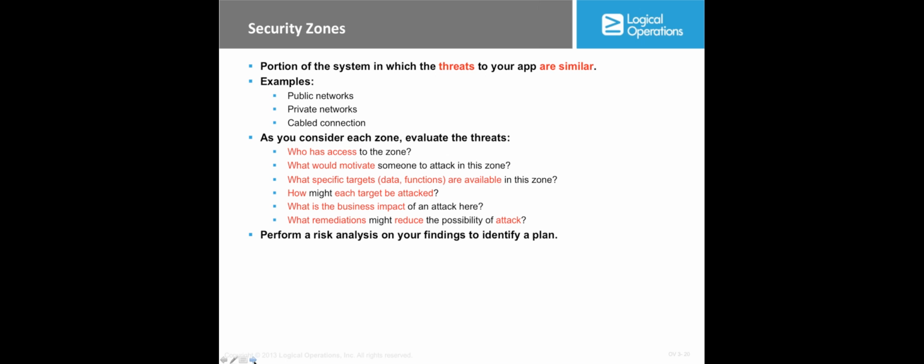We call those zones. What zone is this going to come from? Is it a public, private, or cabled connection zone? To boil it down for simplicity, we're going to group together threats that are similar and share commonality with others within the ecosystem.